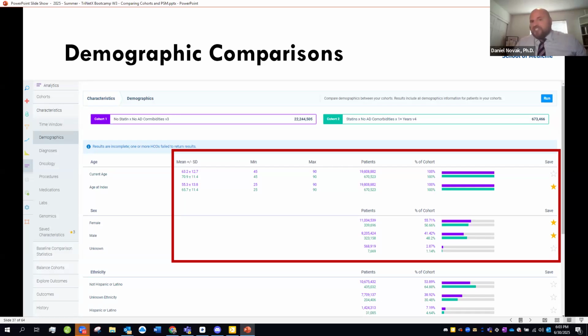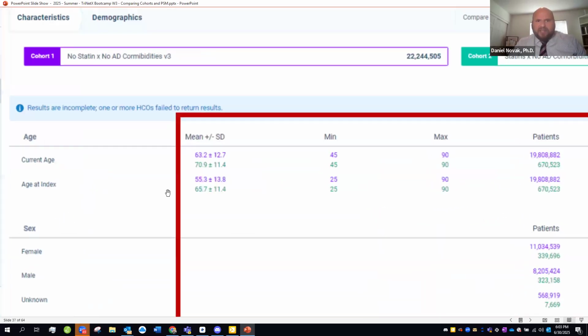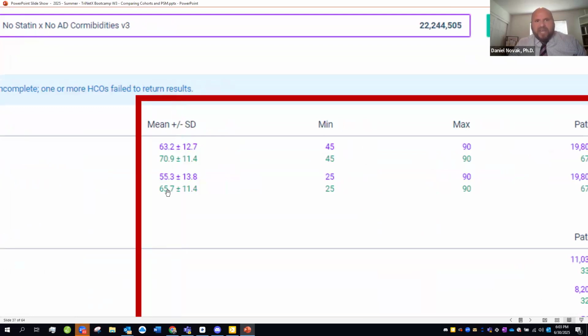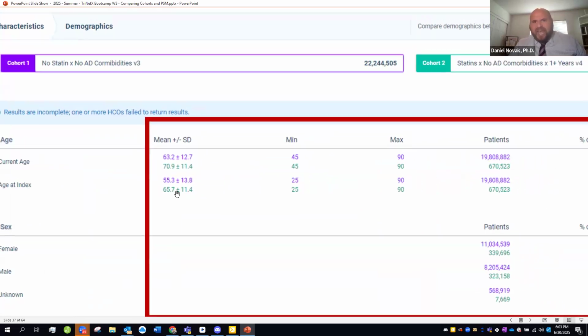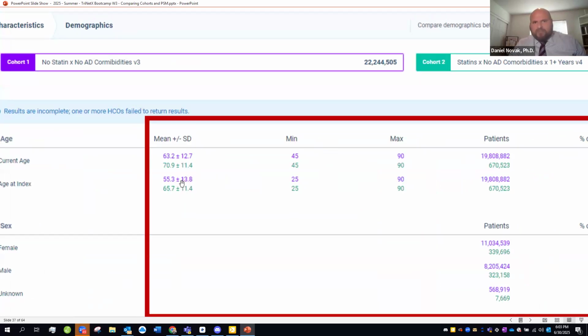So your age at index is one of the most valuable pieces here because age mediates so much of medical research and it's not always accounted for properly. So in this study, you can see over here that my purple cohort, my no statin cohort, is on average 10 years younger than my statin cohort, right? And there's a pretty large standard deviation, about 11 years. So one standard deviation out, and you have people who are as young as 64 and as old as 76.